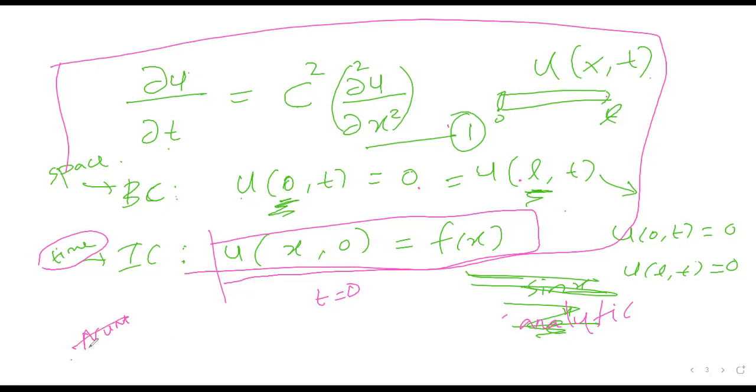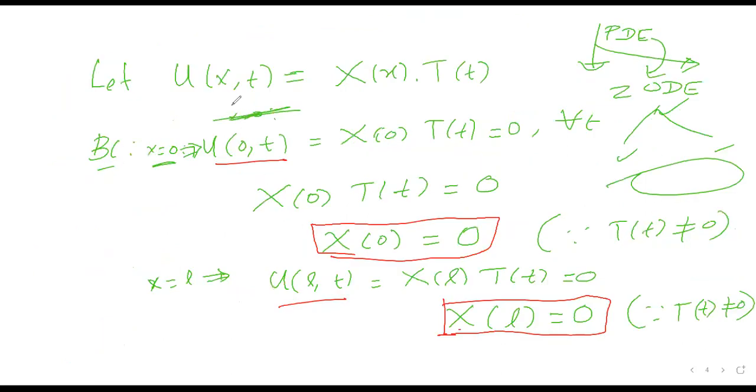That is a different case, not in our course. Similarly, I also gave you the initial condition: at time 0 we have a function of x. Now, first of all, I have taken my solution u(x,t), since it depends on space and time, as a space function times a time function.